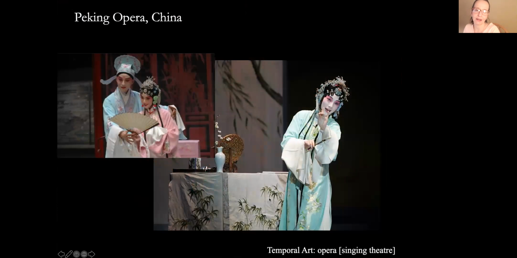Similarly with the Peking opera, which is a Chinese art form that's very beautiful and very intricate. We'll be looking at the Peking opera. Maybe, and some of you may choose to do a project on it. It unifies multiple arts.